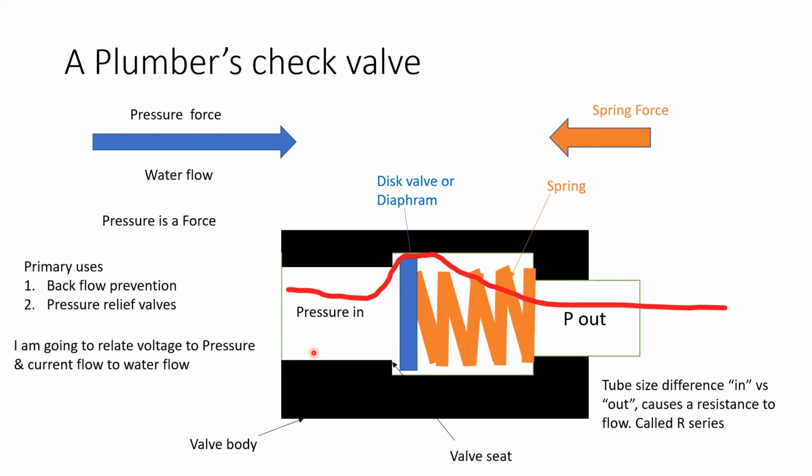I've also drawn a tube size for the entrance tube compared to the exit tube, slightly different sizes, to show that this size reduction can cause a flow resistance, and I'm going to call that R series when we get to diodes. Next slide.